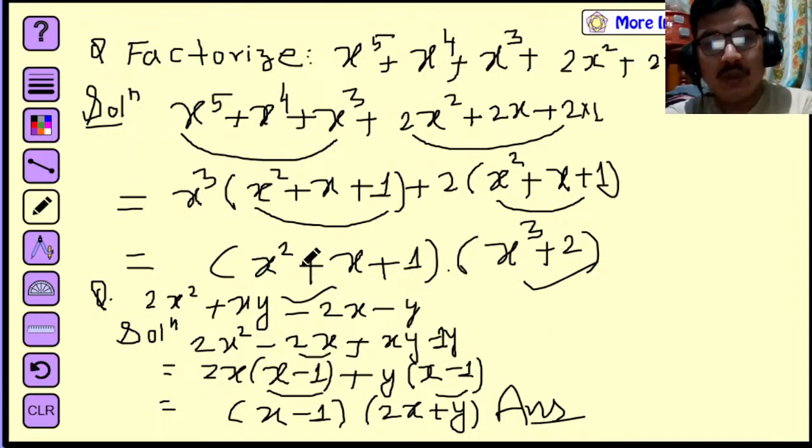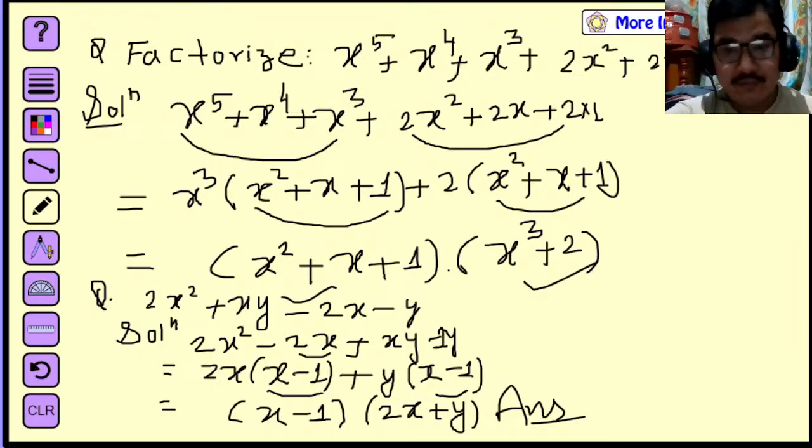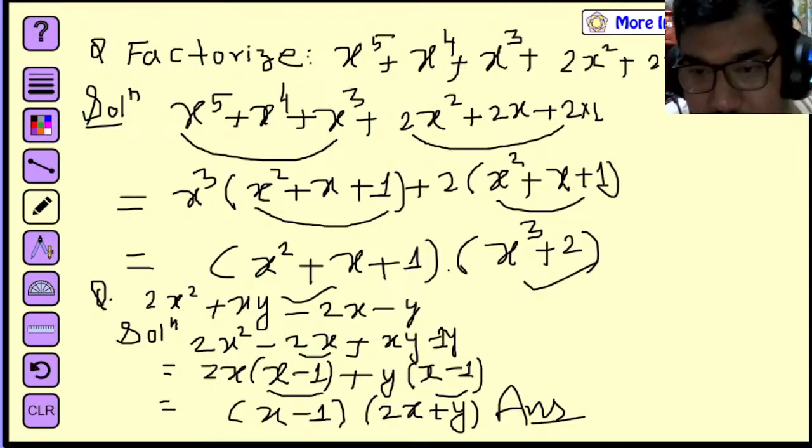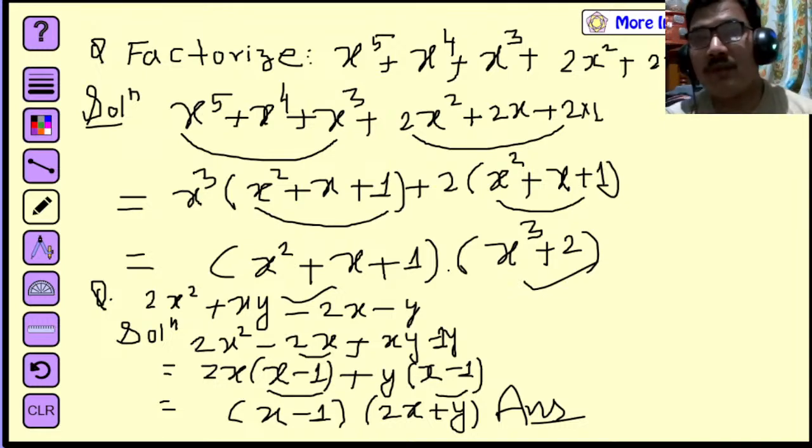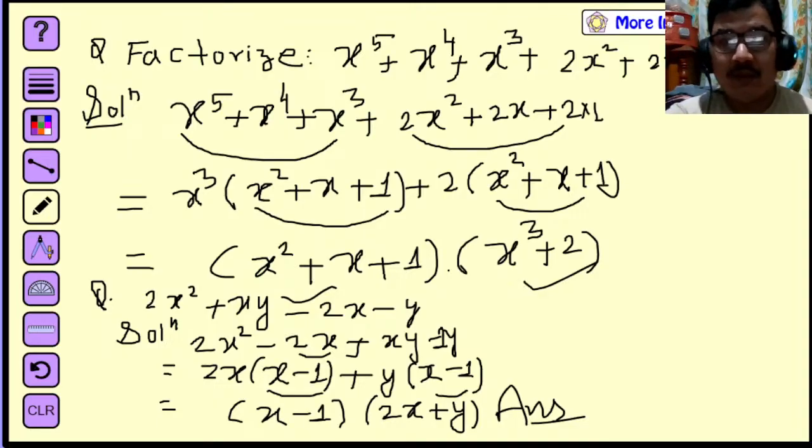How grouping is done is shown here in this video. This is the complete video for factorization: one is by taking common, and the other is by grouping. After grouping, how it is taken common is solved here in this question.